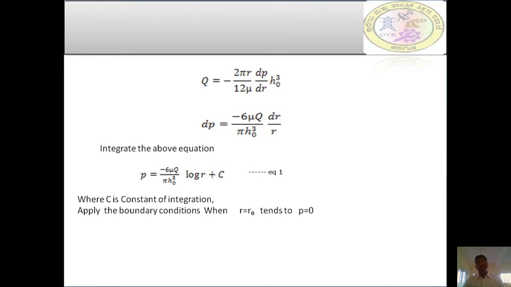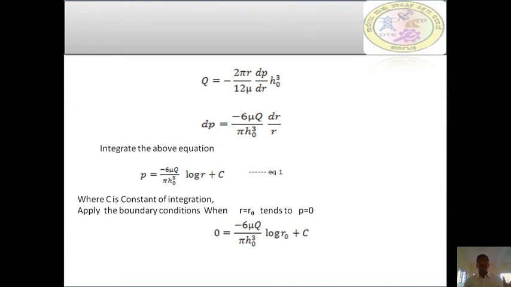When r, the radius of the journal, is equal to r naught, then p becomes 0. Substitute this in equation 1. What we are going to get is p equals 0, and on the right side, minus 6 mu q divided by pi into s naught cube into log of r naught plus c.